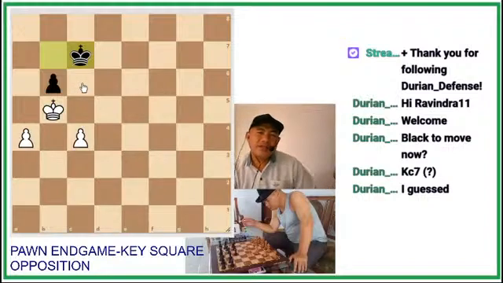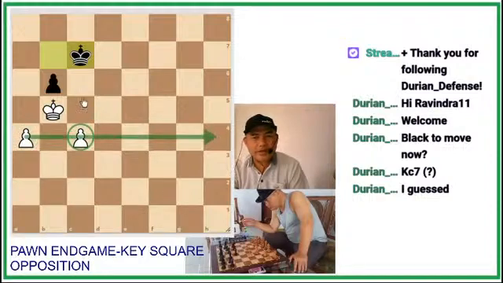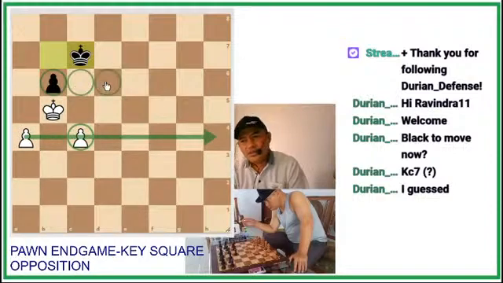What happened actually here? When he moved to c7, we will see, as we have learned, that the key square of this pawn is here on b7 and b8, while the key square of this pawn on the fourth rank is here.